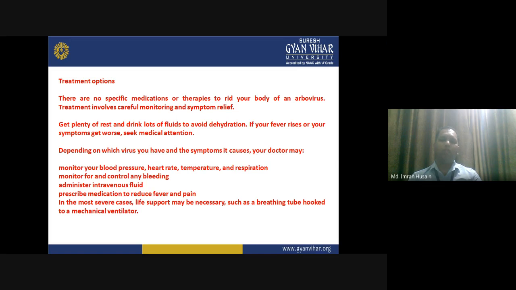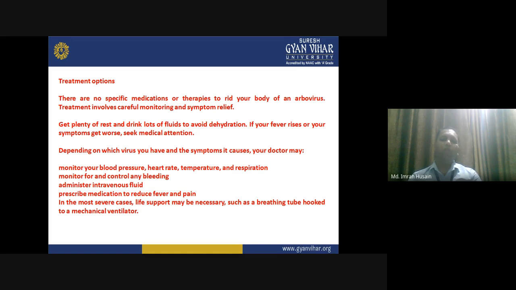So if you're having trouble with the body temperature and the fever, and the situation is getting worse, then you should always seek medical attention because it is very important. So keep yourself well rested and drink lots of fluid in order to avoid dehydration.